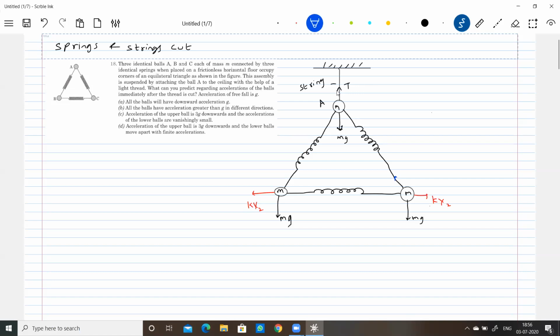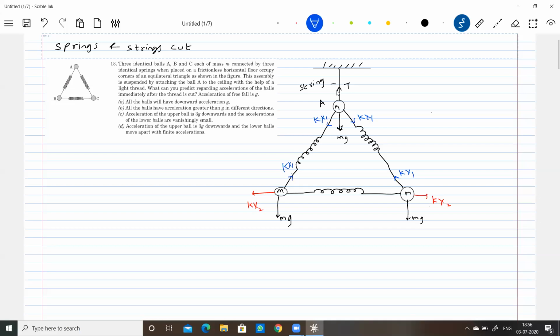So elongation, I think we show like this, no? And it's an equilateral triangle. So it's telling everything. Okay, after getting this much information.